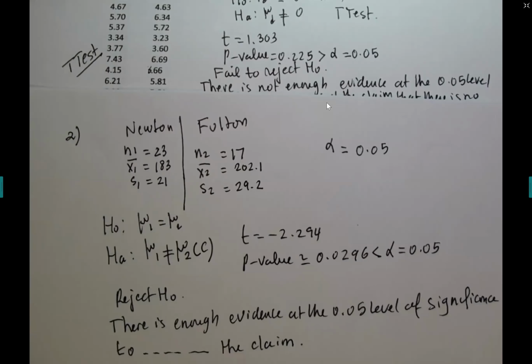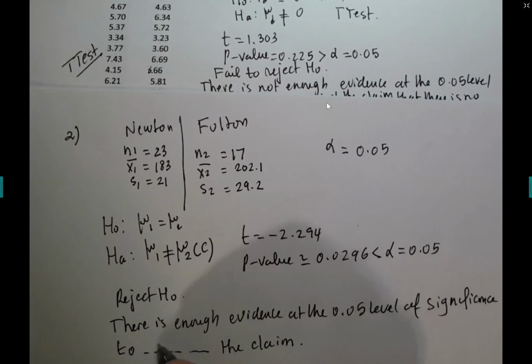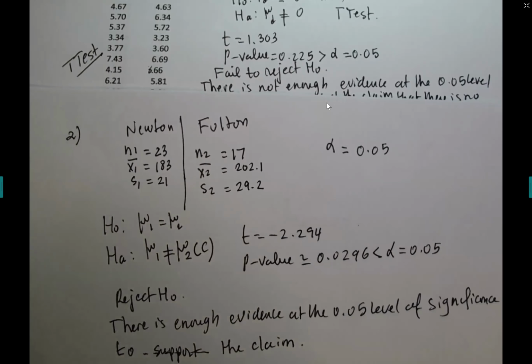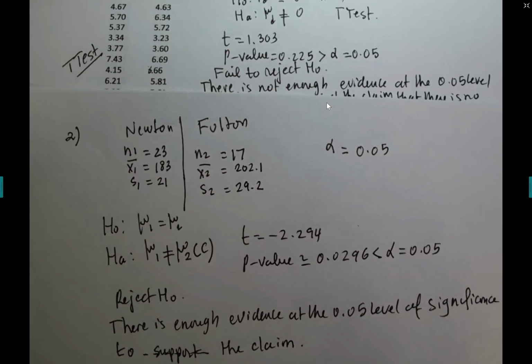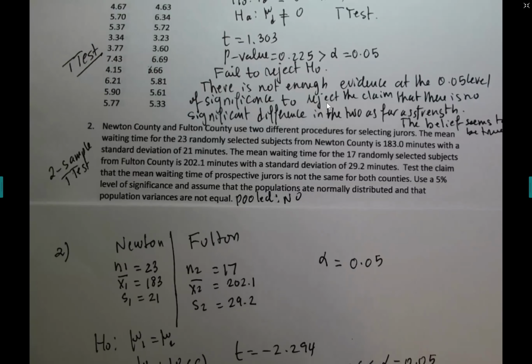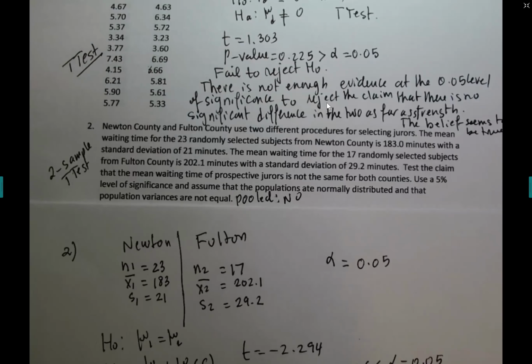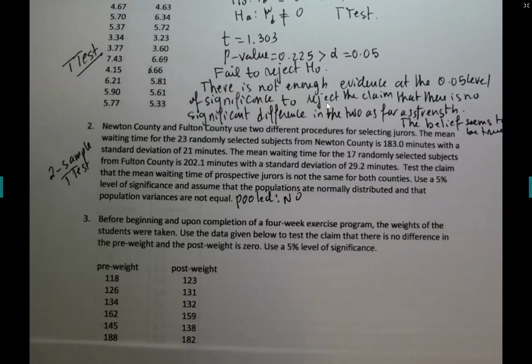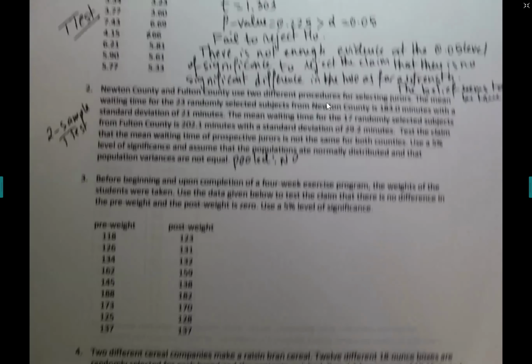To support the claim. There is enough evidence to support the claim that there is a significant difference in the wait time. Done. That's number 2. Let's go to number 3.